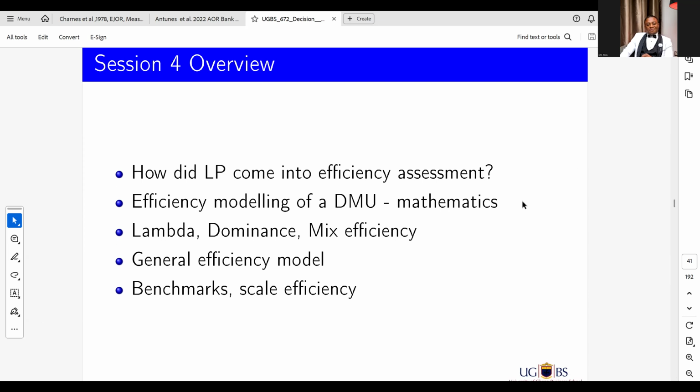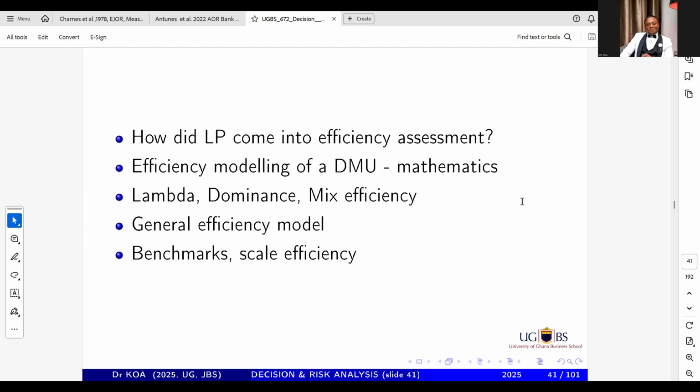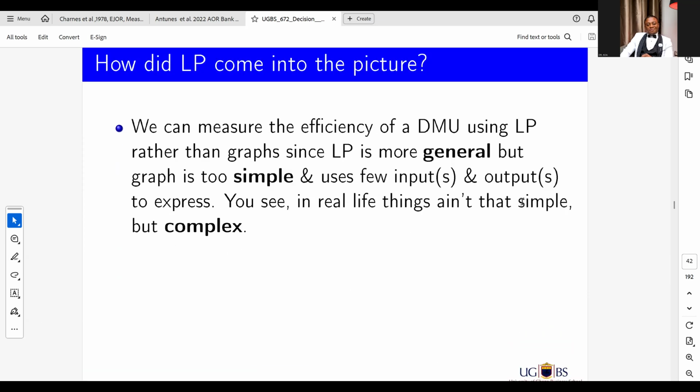So let's look at it. First one. One of the first things you want to take note of is that you can assess the efficiency of a DMU using linear programming rather than using graphs, because linear programming can handle multiple inputs and multiple outputs, complex factors, more than a simple graph.